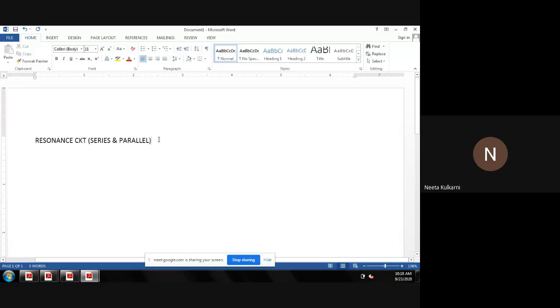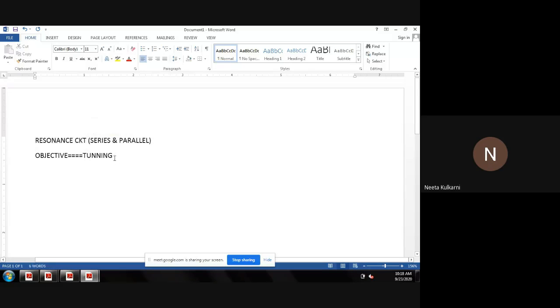So first point in this, what is the objective behind using this resonance circuit? For what purpose is the resonance circuit used? कशासाठी वापरतो आपण resonance circuit? For tuning purpose. So for proper tuning between the transmitter and the receiver, this resonance circuit is used.